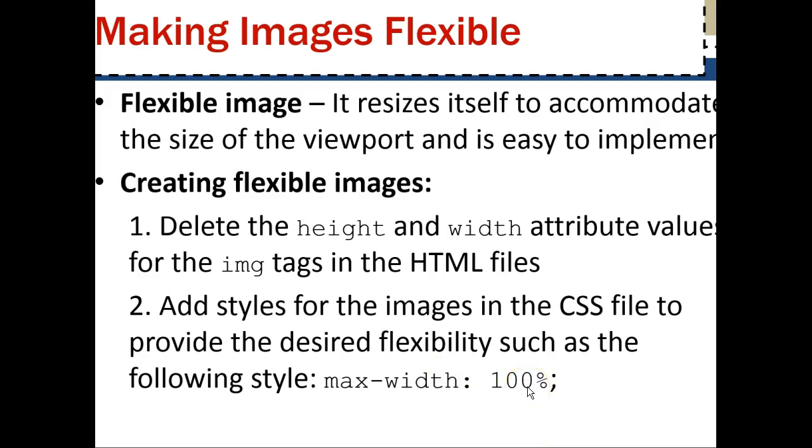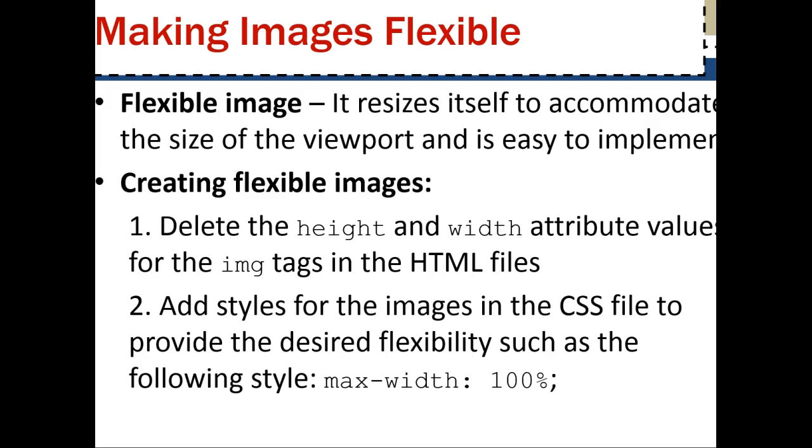By setting the width of the image to 100%, the image can automatically stretch to fill 100% of the width of the container element, and the height automatically grows in proportion to the width. We use the max-width property instead of the width property to constrain the image to 100% of its actual size, in case the viewport grows even larger.